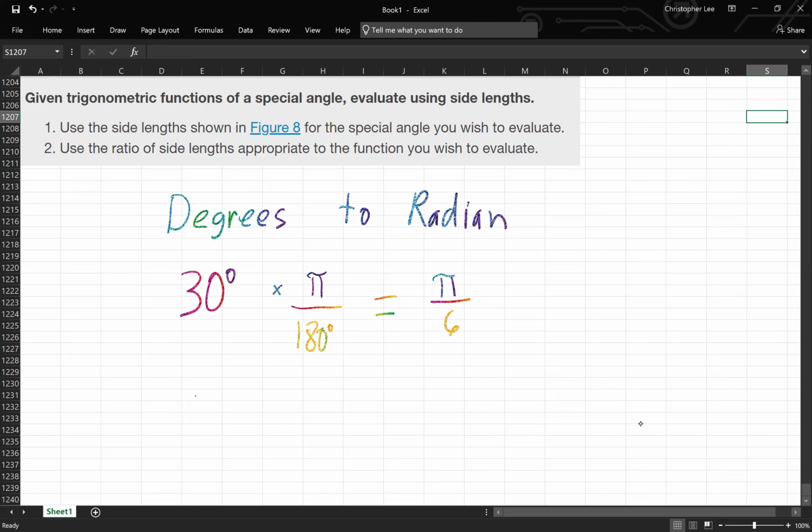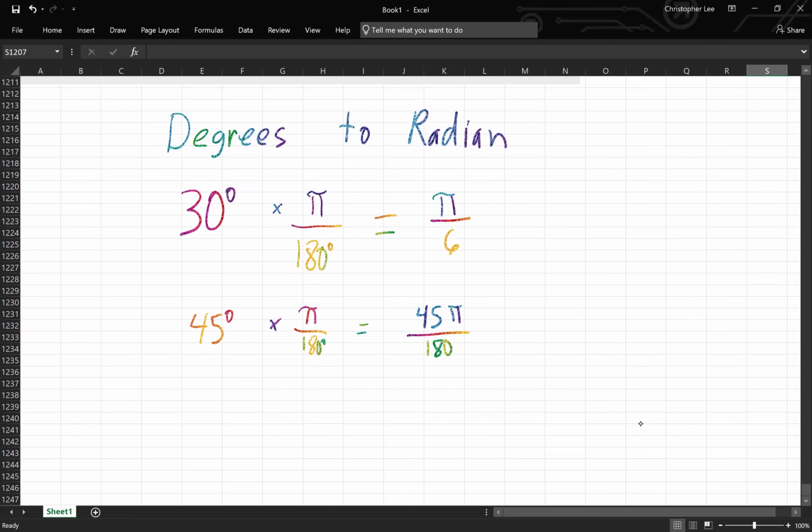Let's say that I wanted 45 degrees, and I want to change that into radians. You simply multiply by pi over 180. And then what do you get? Well, we're going to get 45 pi over 180. And then just break it down. I could take 9 out of the top and the bottom.